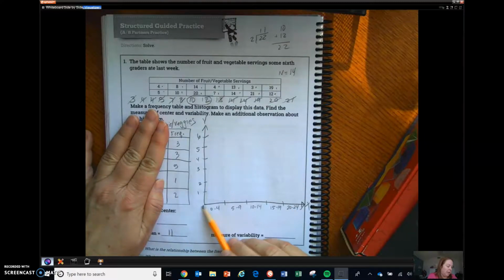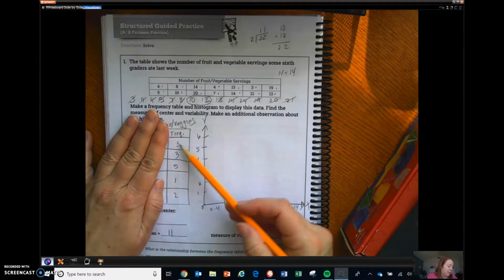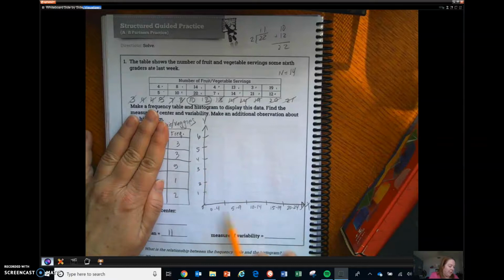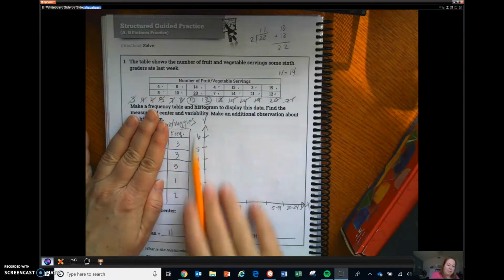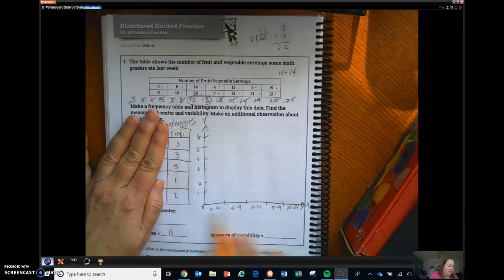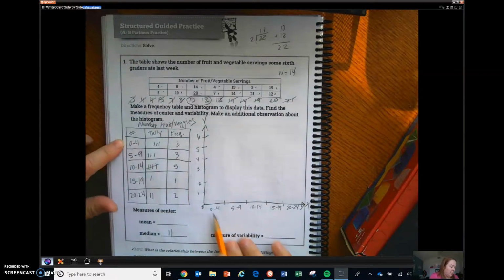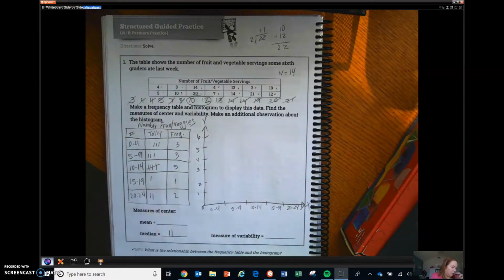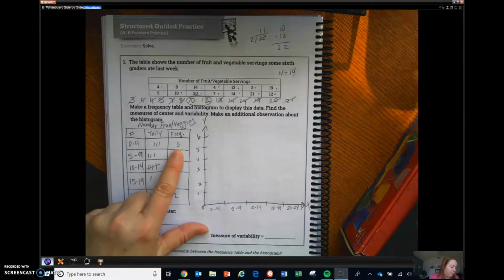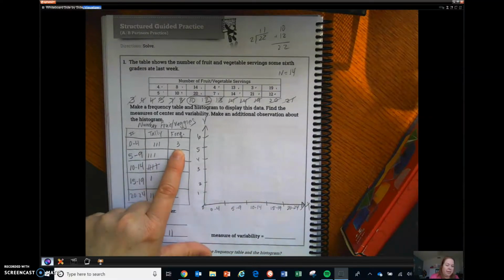My 0 is always right here, just like when we were doing coordinate planes. I don't really need 6. I could have stopped at 5. And this one would be your independent variable, and this would be your dependent variable. This one I just copied right here by the numbers. So now it's just a matter of looking at my frequency and making my boxes.